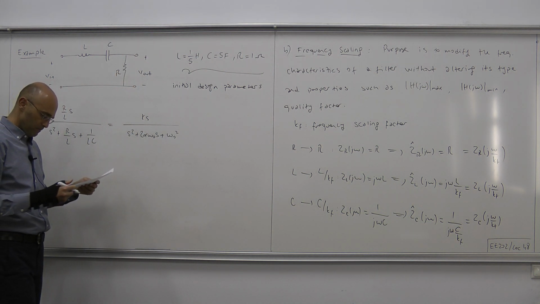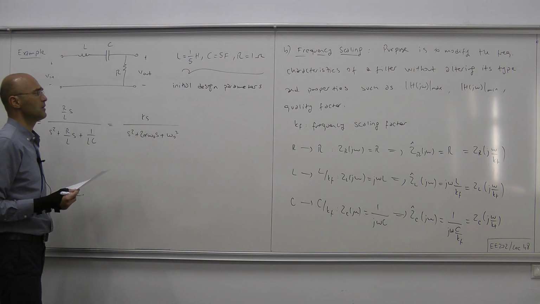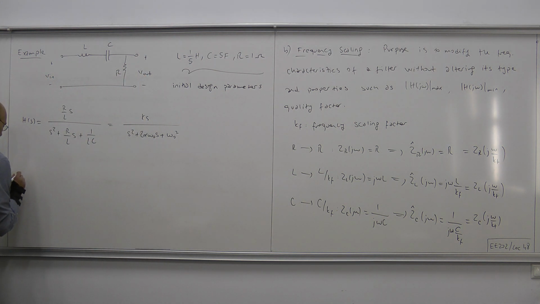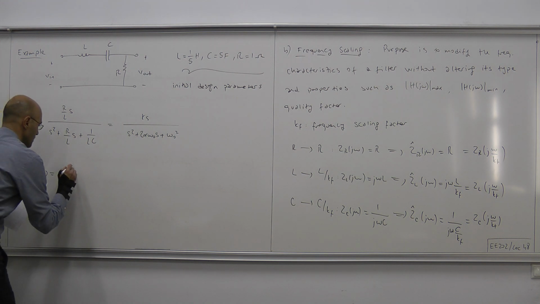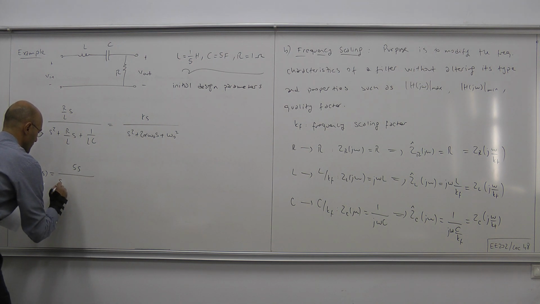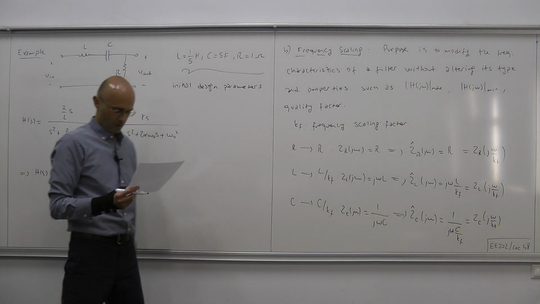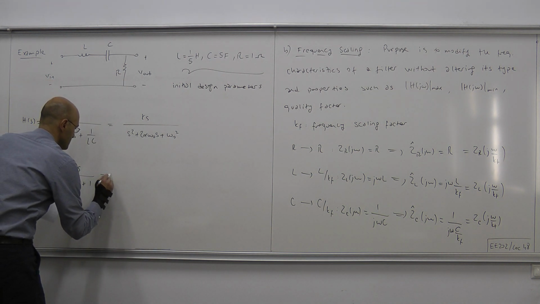With initial design parameters, what we obtain is H of s equals 5s over s squared plus 5s plus 1.